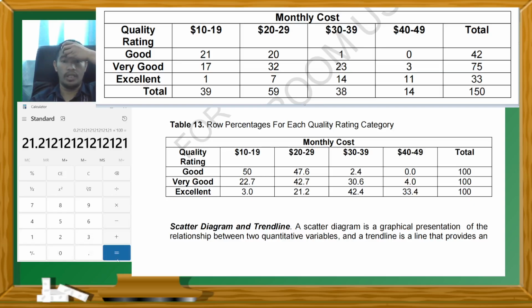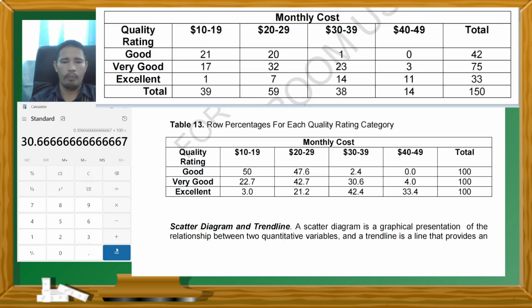equals 21.2. Then this one divided by 42 times 100, so that's 2.4. That's why we have 2.4 here. This one, 23 over 75 times 100 equals 30.6.